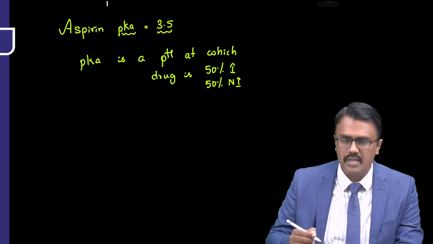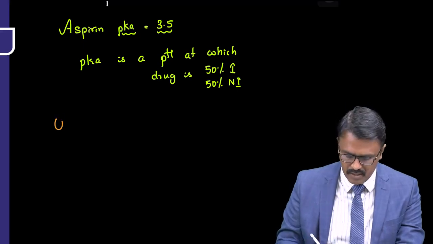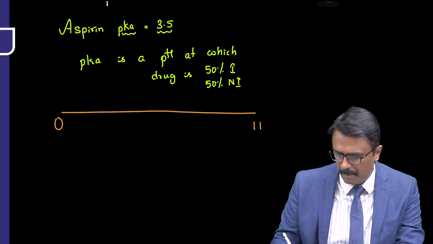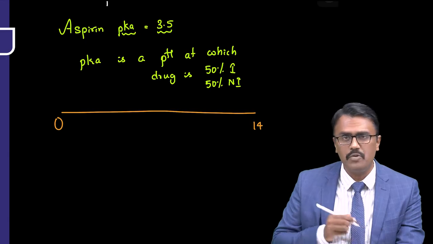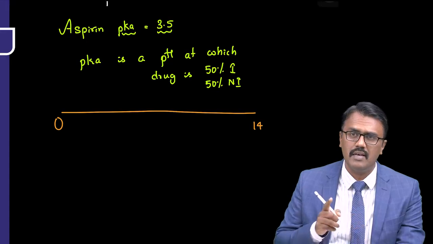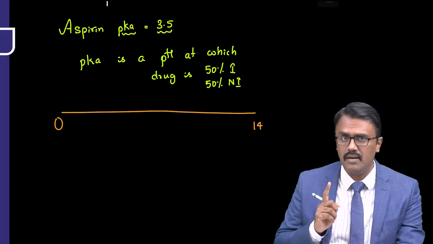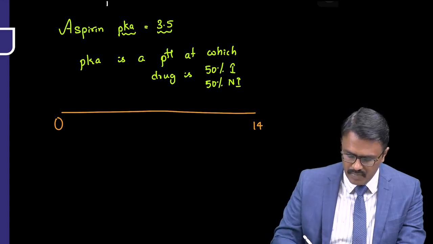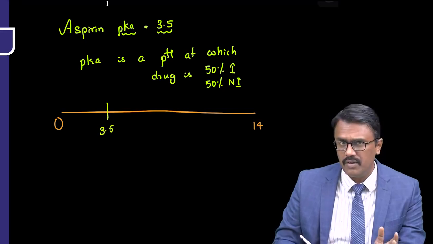Suppose I take the pH scale, from 0 to 14. Usually what we do is divide it at 7, and below 7 we say acidic, above 7 basic. But here you remember pK is a value. Suppose I write the pK value, this is 3.5. What does 3.5 tell us?